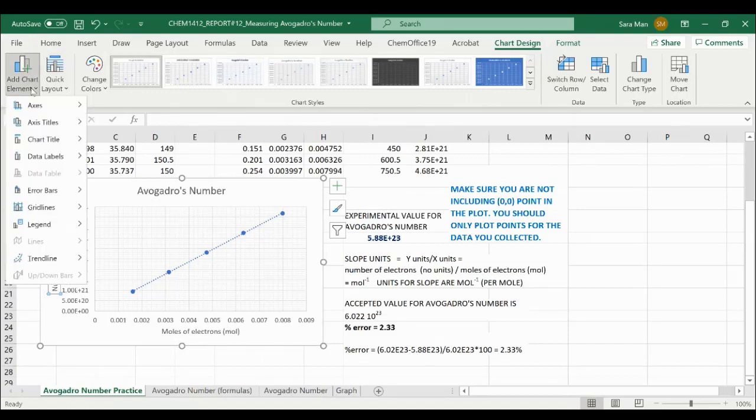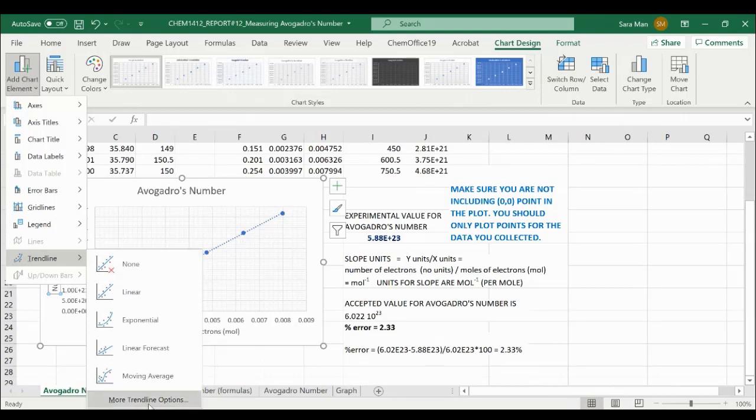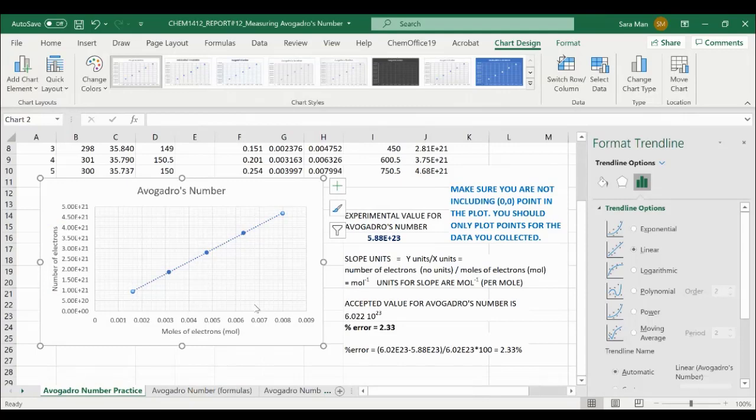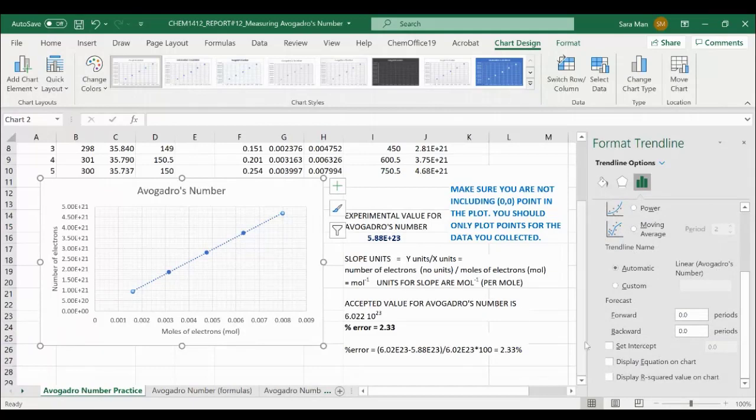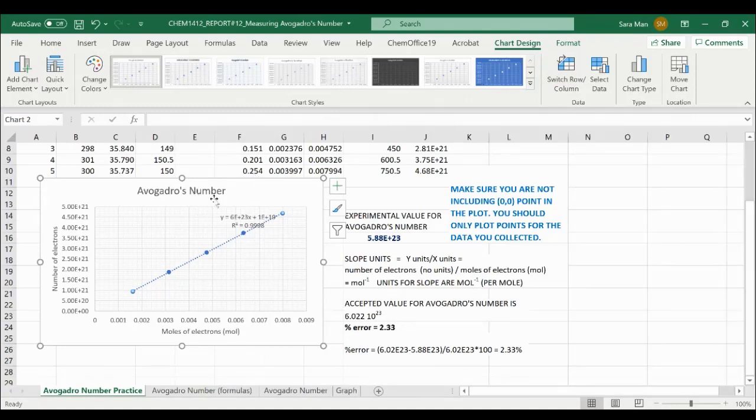So what do we do? Here, trend line. Go down here, more trend line options. Click on there. On the right, you will see, scroll down, that you need to display. Click on display equation on chart and click on the R. And then you have in the graph the equation.